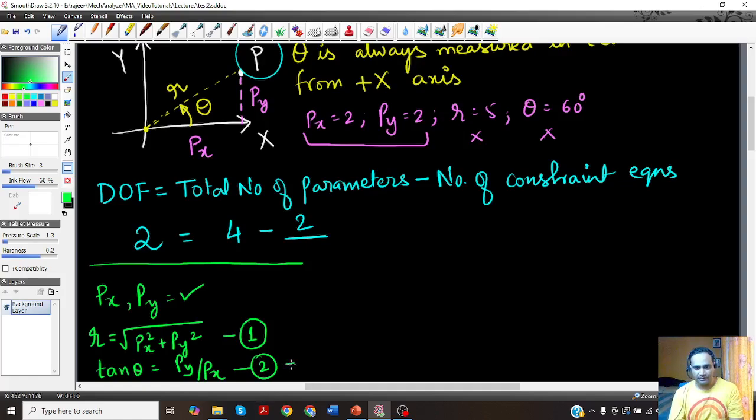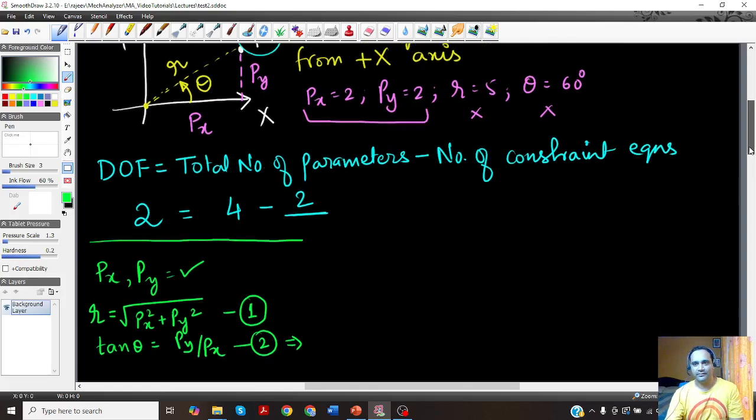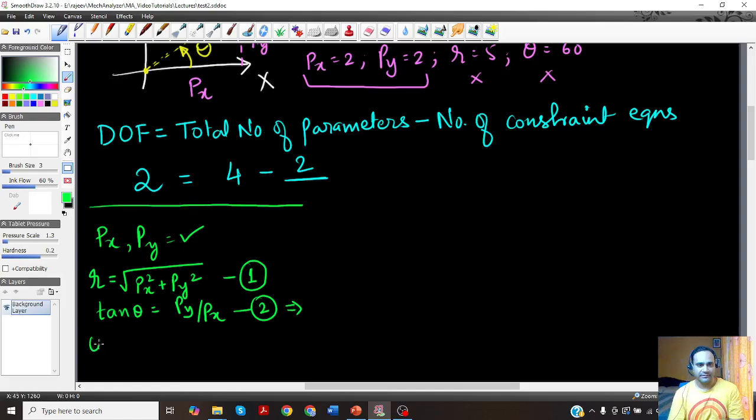So later on, if you want to find the value of theta, there is something known as arctan, tan inverse in computer language programs. Py upon px can be obtained. However, there is some problem in this approach. In a sense, if py and px both are negative, the division will give you a positive number.